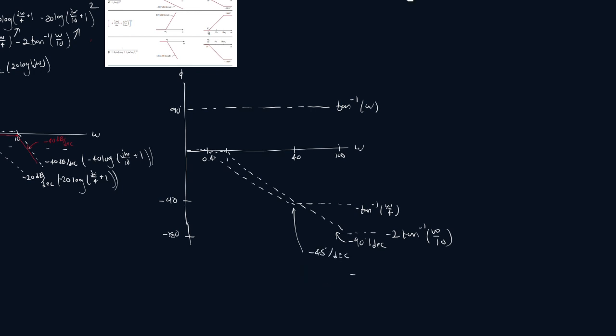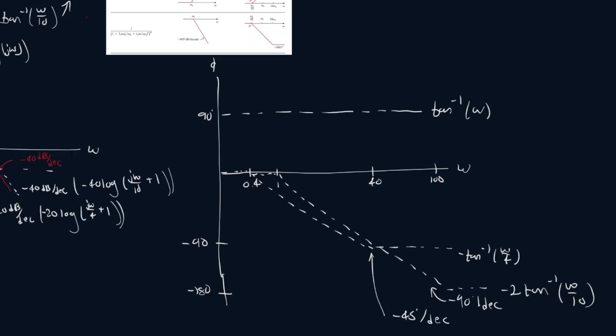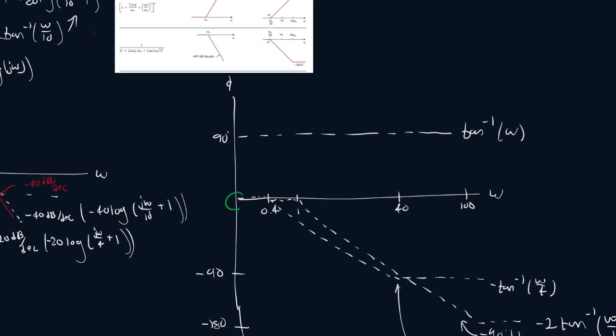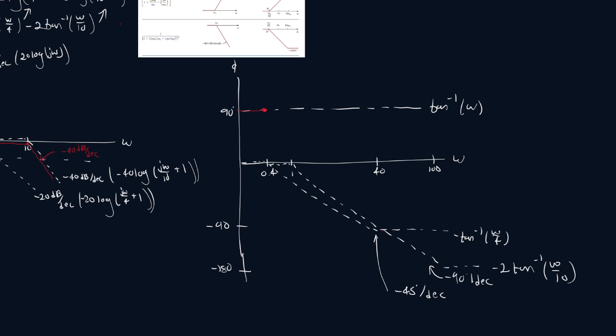Now let's draw the Bode plot. So it's 0 plus 90. So our Bode plot starts at 90. So we're going to start from here all the way until we hit 0.4, which is when our slope changes to this, which is minus 45 degrees per decade, until we hit 1. So let's find the point of this quickly.